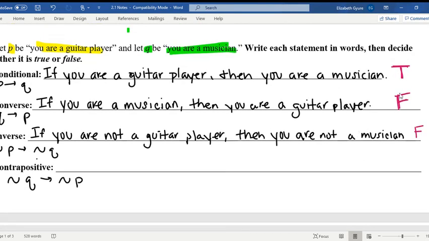Let me go up so you can see the hypothesis and conclusion. So if you are not a musician, then you are not a guitar player.